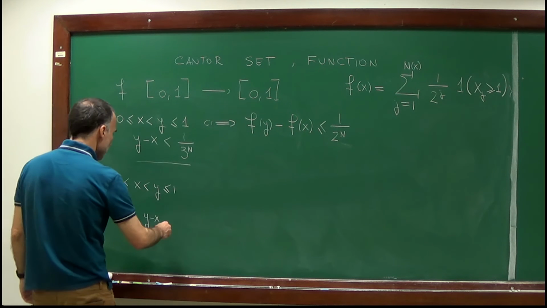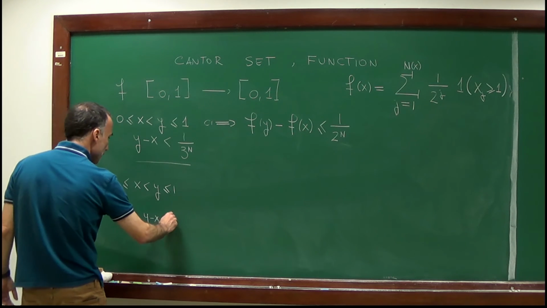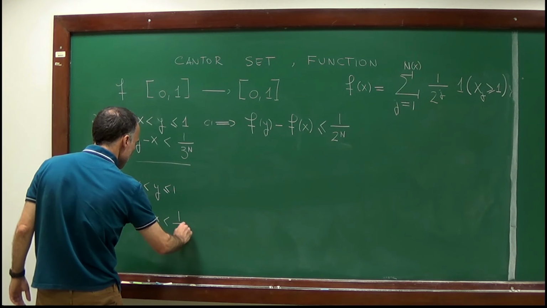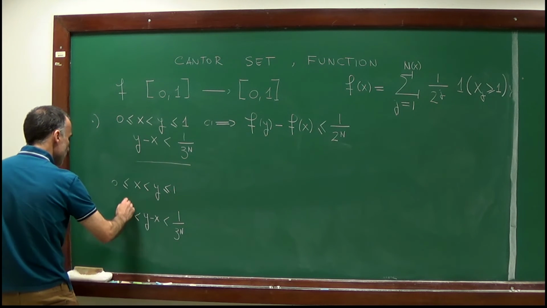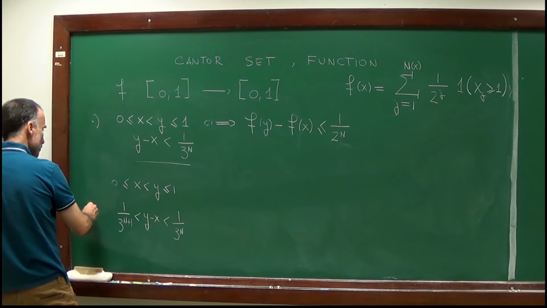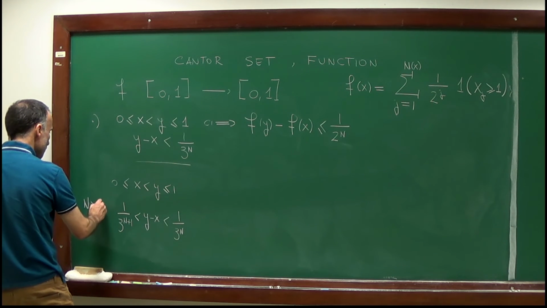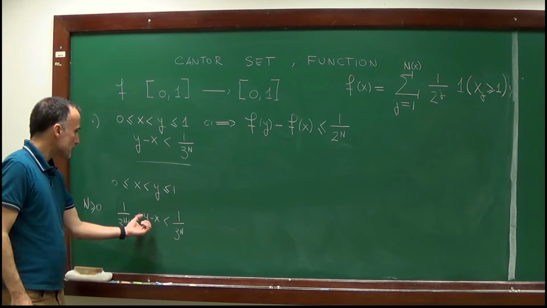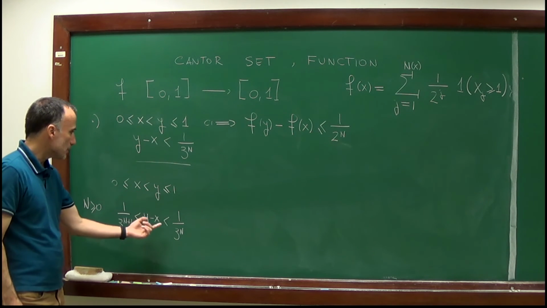So maybe there exists n such that 1 over 3^{n+1} is less than y minus x, which is less than or equal to 1 over 3^n. Okay, so there exists n larger or equal than 0, because we know that y minus x should be smaller than 1.